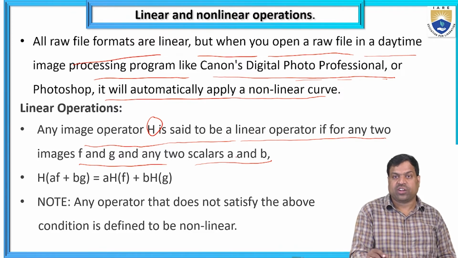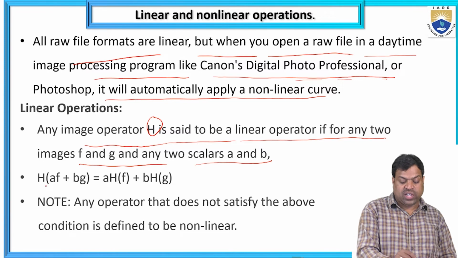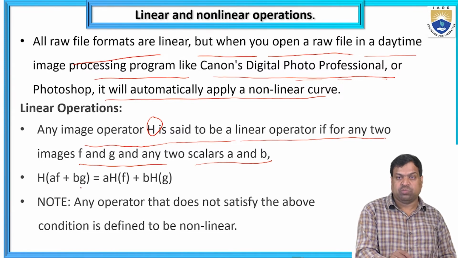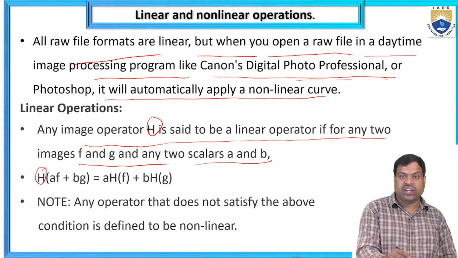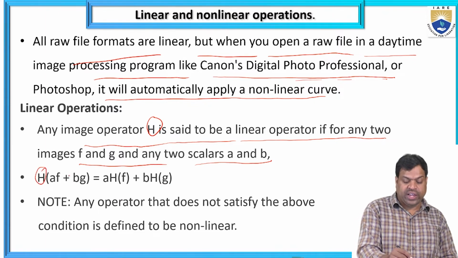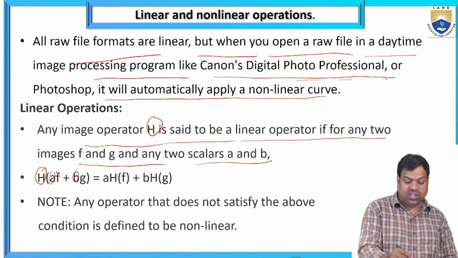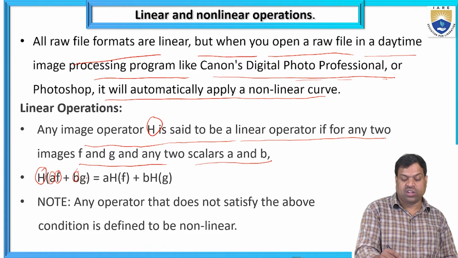But what is the equation? H of (AF plus BG) is equal to A times H of F plus B times H of G. So H is a linear function, and A and B are scalars; one scalar is multiplied with one image, and another scalar with the other image. First image with first scalar, second image with second scalar.